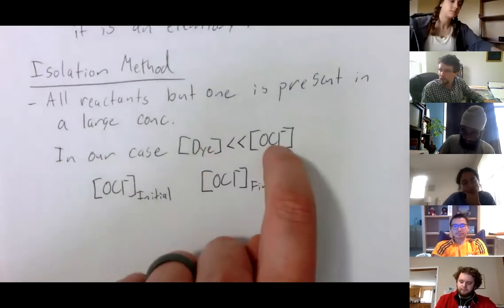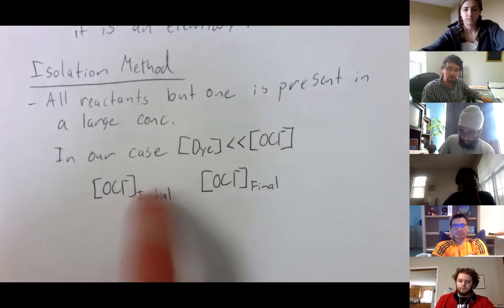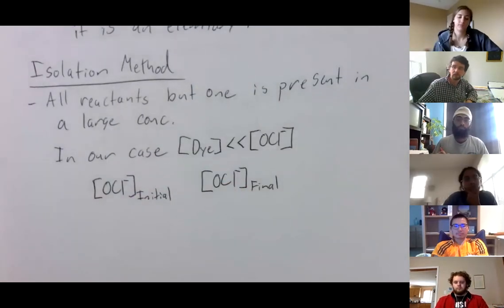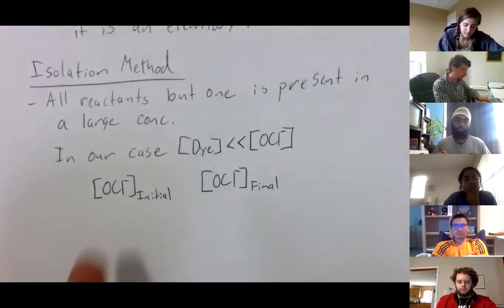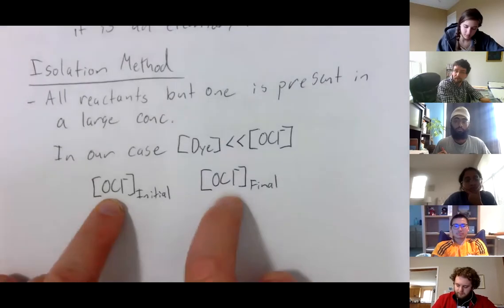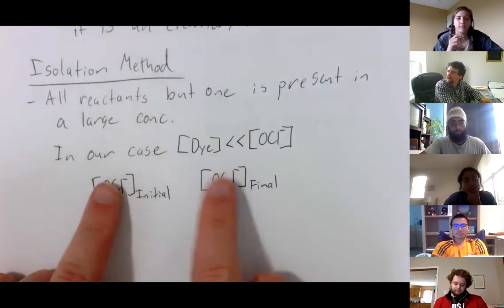If there's so much more of this, what can we say about the relationship between these two? It's definitely going to be a positive number, yep. What else can we say? Are these going to change very much?